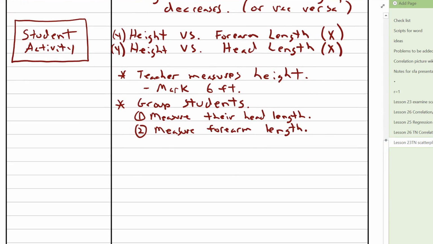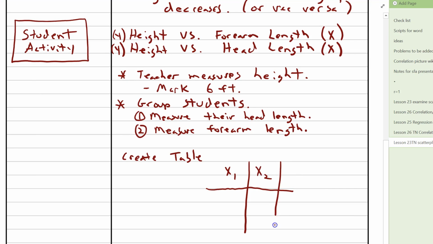So each group will create a table. This table will be x1, x2, and y.